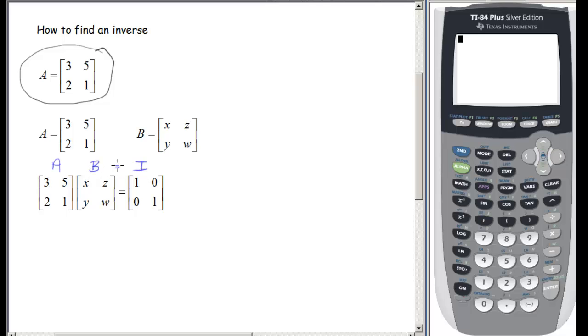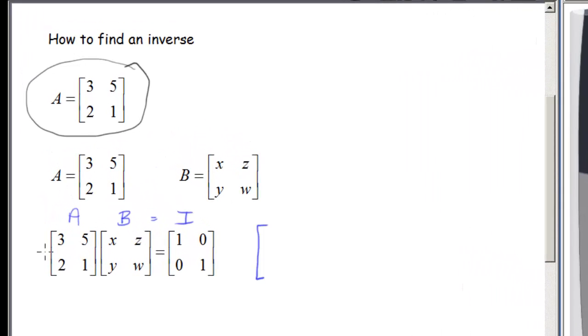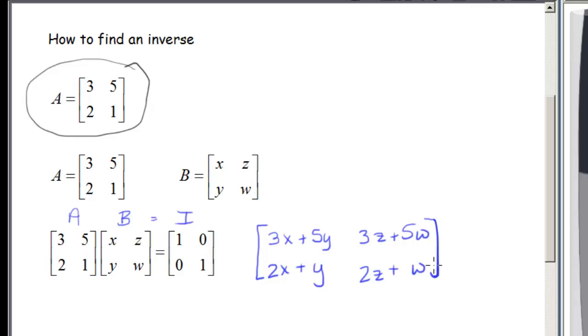So if we did the multiplication here, I would have 3x plus 5y, that's this row times this column, and then I'd have 3z plus 5w. For the second row, I would have 2x plus 1y, so that's just 2x plus y, and finally 2z plus 1w, and we would want this to equal the identity.